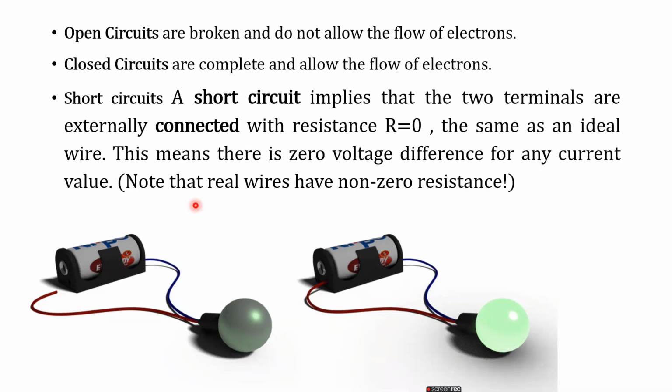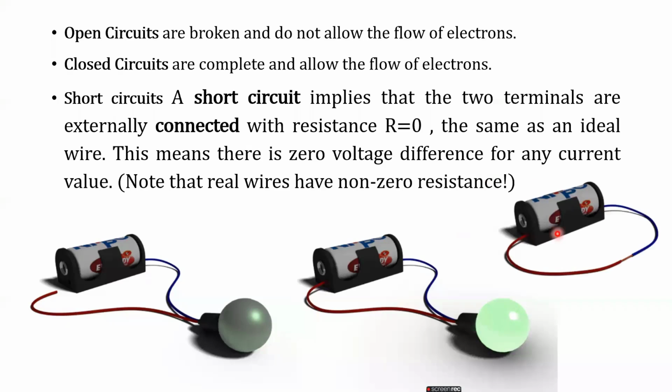No load is connected. The positive and negative terminals of the source are directly shorted. They are connected directly, and the resistance of this path is considered zero. If that is the case, it is called a short circuit.